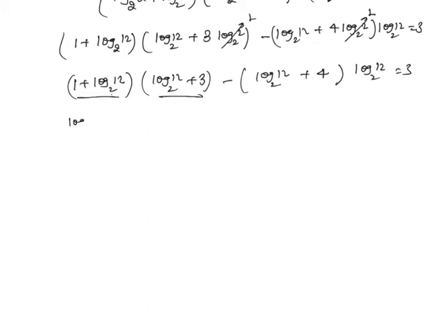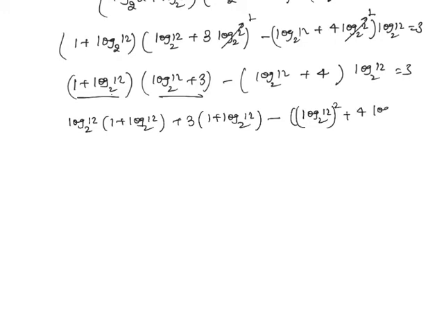So log 12 base 2 into 1 plus log 12 base 2, plus 3 into 1 plus log 12 base 2, minus this we can multiply directly. So log 12 base 2 whole square plus 4 log 12 base 2 equals 3.